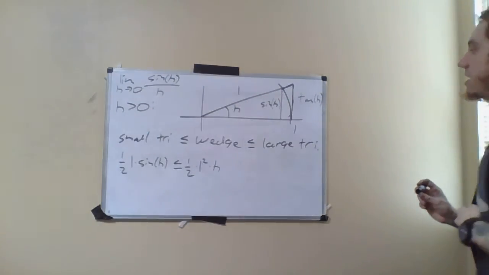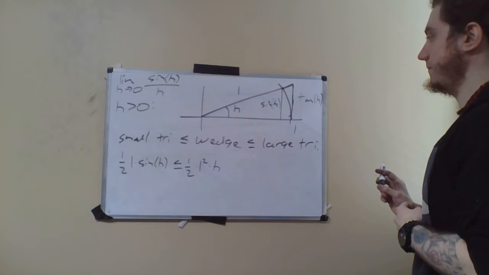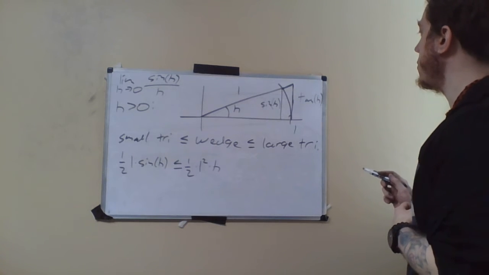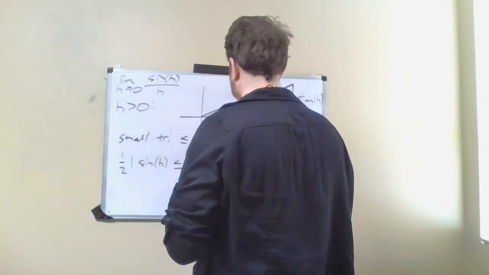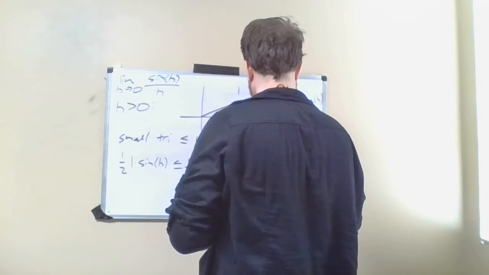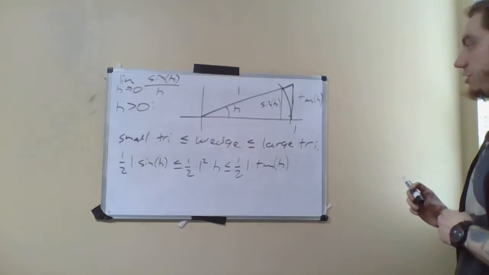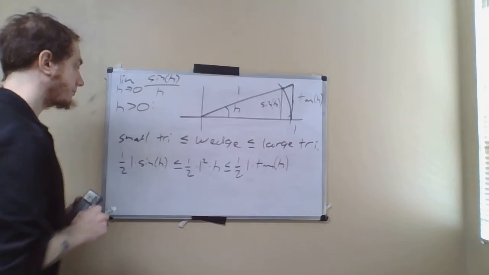And the area of the big triangle is going to be 1 times tangent h times 1/2. So this is 1/2 times 1 times tangent of h, which is really sine of h divided by cosine of h.